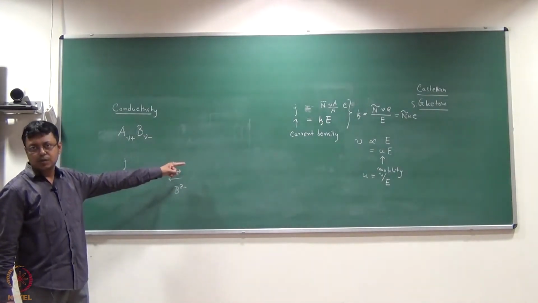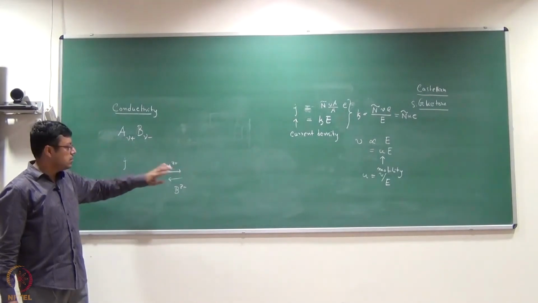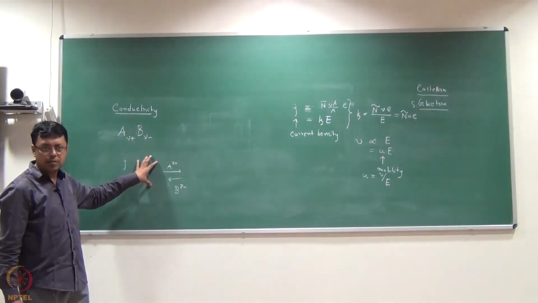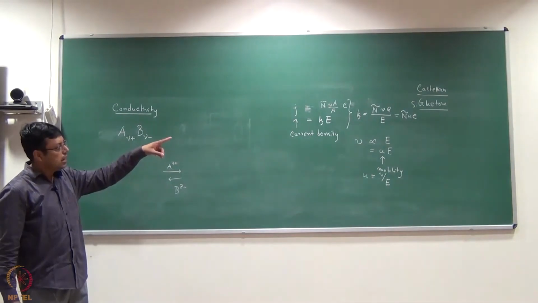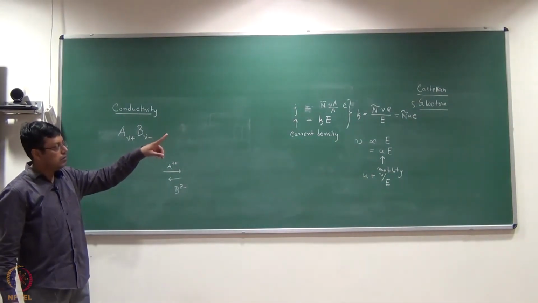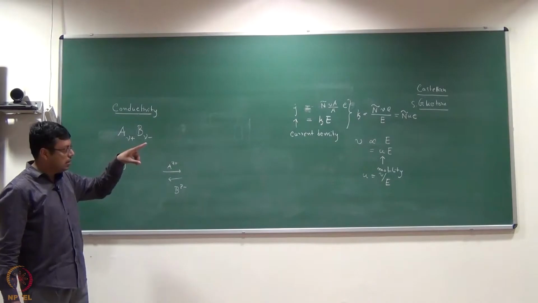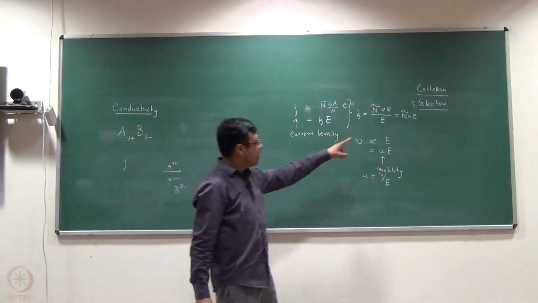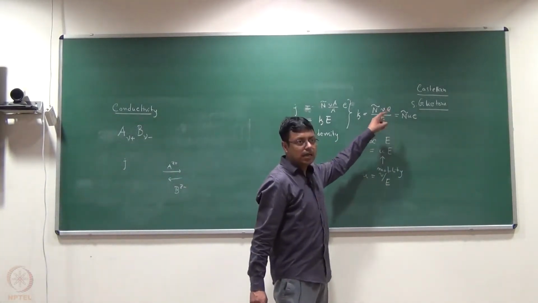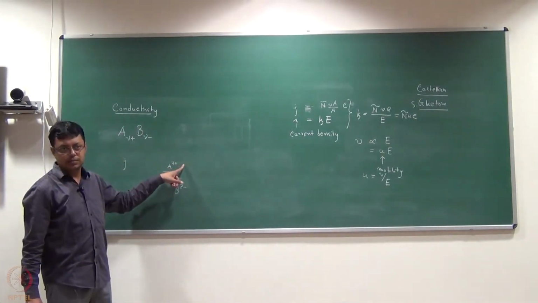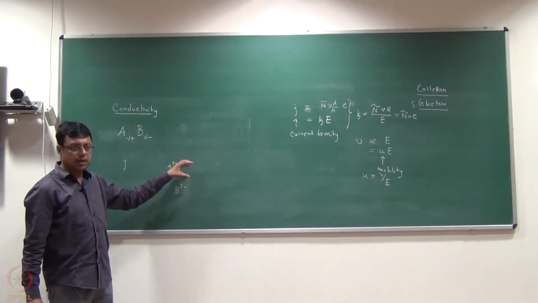If I write the current density only for the cations, I have to write how many cations are there, the number density of the cations, times the velocity times the electric field, in the same way. But in this case, I was carrying charge e, and now it will be Z+ times e. That charge is being carried.